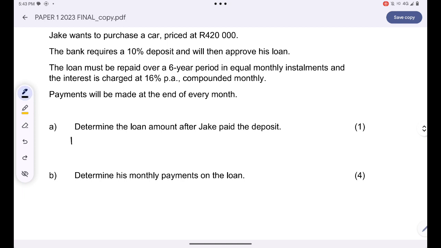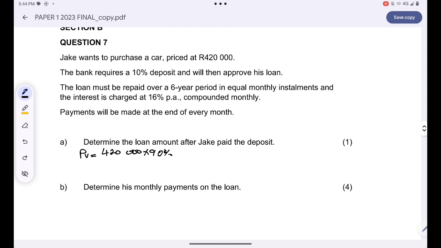Okay. So our loan amount, we'll call it the present value, will simply be 420,000 minus 10% of 420,000, or just simply say 420,000 multiplied by 90%. Are you together? The car costs 420,000, but Jake will pay 10%.